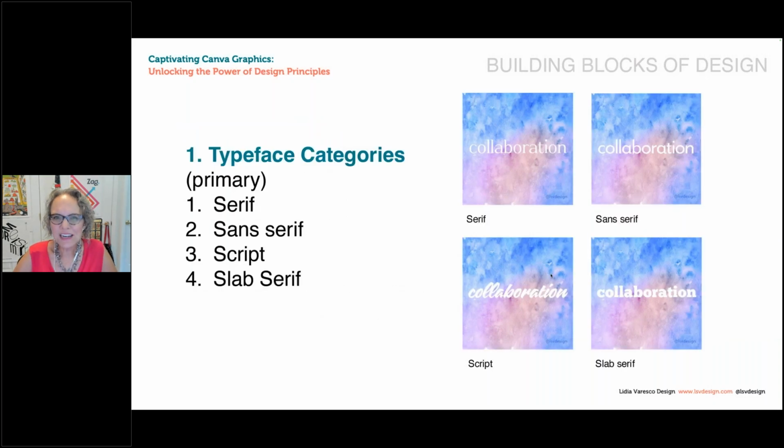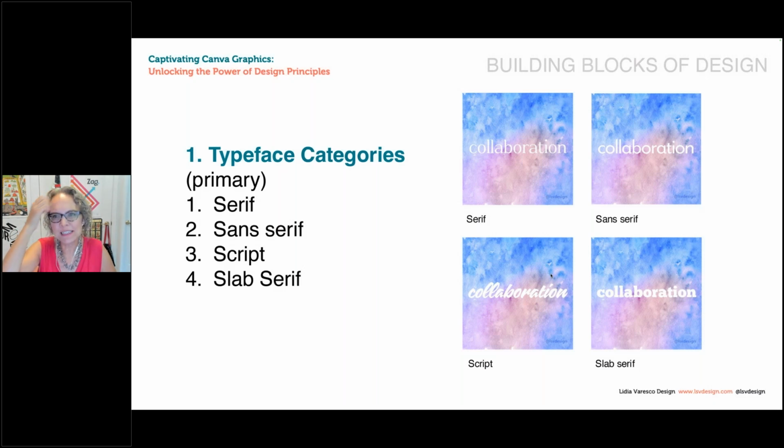So the first one I've called out is 4 primary typeface categories. Now there's plenty more, if you have looked at typefaces or gone to different font websites, there's a lot of different styles that you can choose from. But I called out basically the 4 primary ones that you would find in Canva or just in daily life in designs.